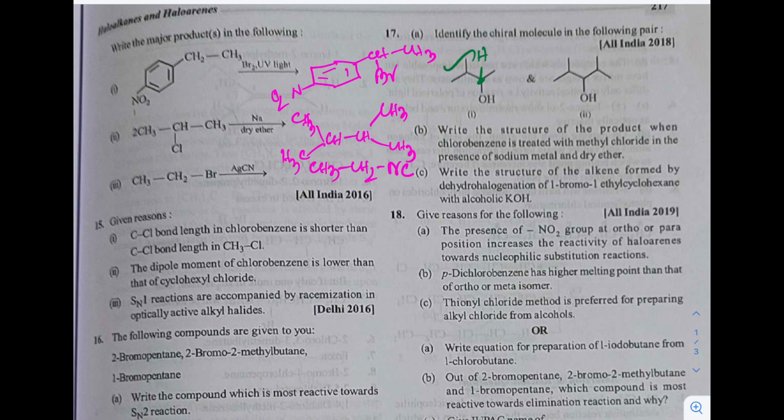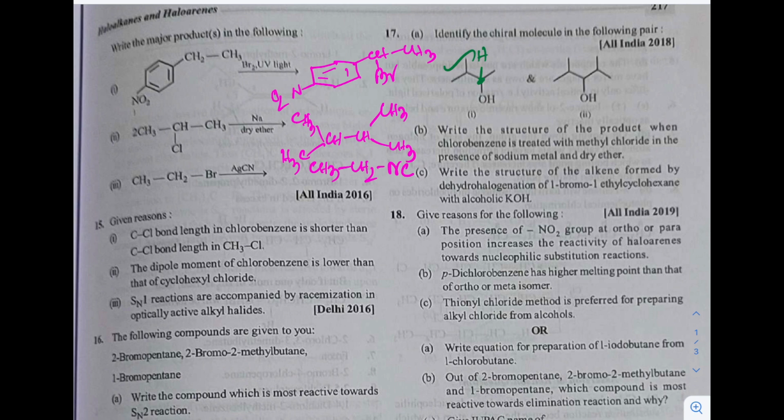And as the crystals of para dichlorobenzene are most tightly packed, the melting point of para dichlorobenzene becomes very high with respect to its ortho and meta isomers.